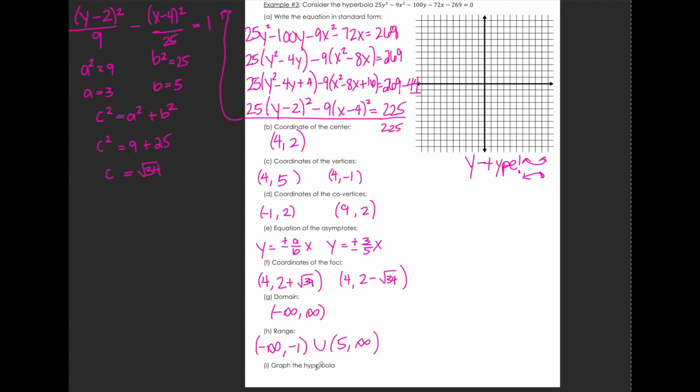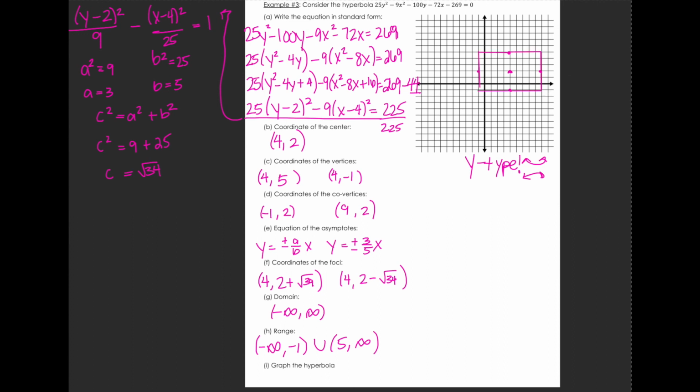The last thing I need to do is graph the hyperbola. I'm going to start by graphing the center. Next, I'm going to graph the vertices, and then I'm going to graph the co-vertices. From here, I'm going to draw a box connecting the vertices and the co-vertices. I'm going to connect it with a solid line, but you should do it with a dotted line.